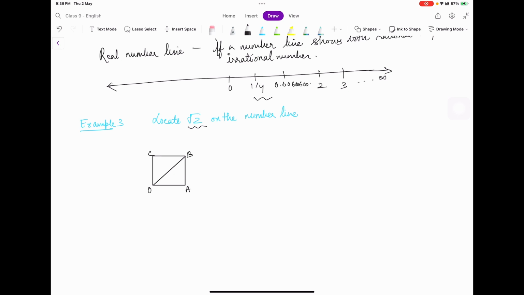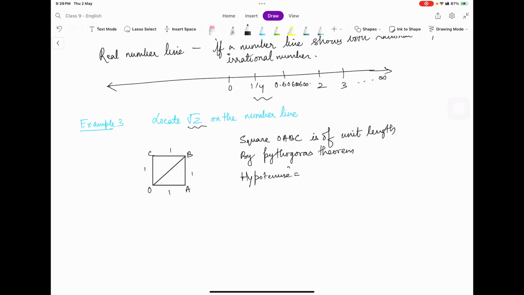If the square is of unit length, only one unit length, square OABC is of unit length. By Pythagoras theorem, you know Pythagoras theorem, what it is? Hypotenuse square equals what? Base square plus height square, you know that.